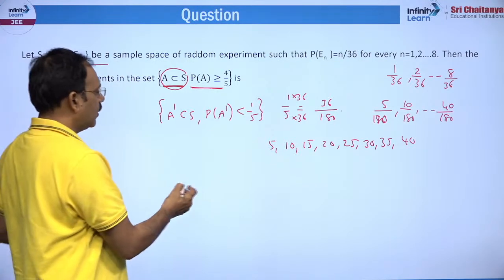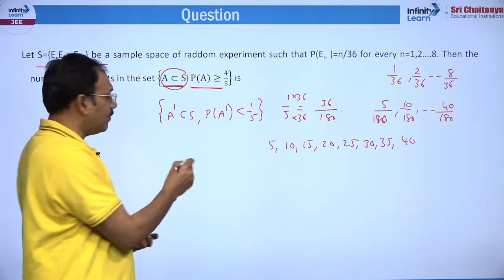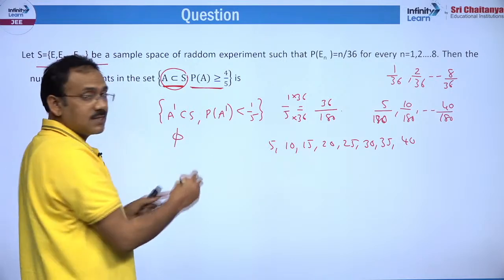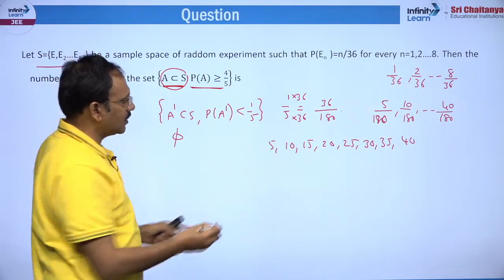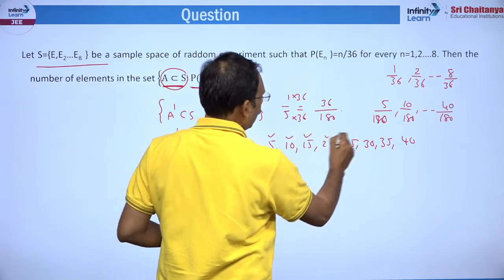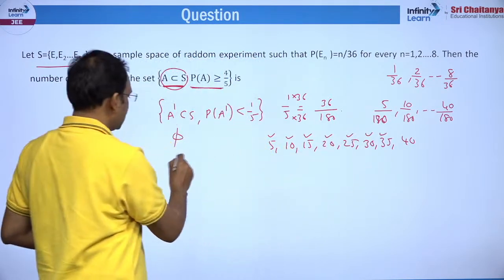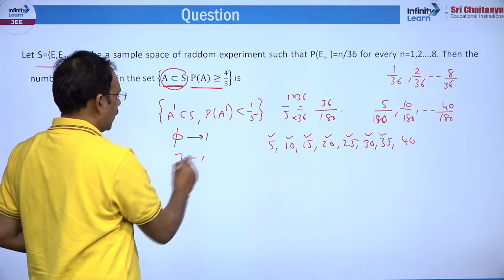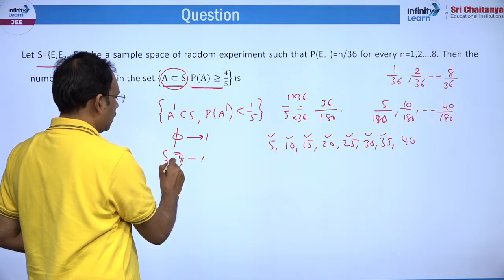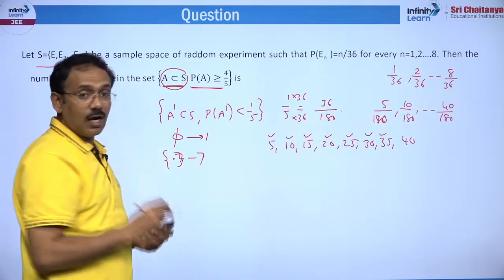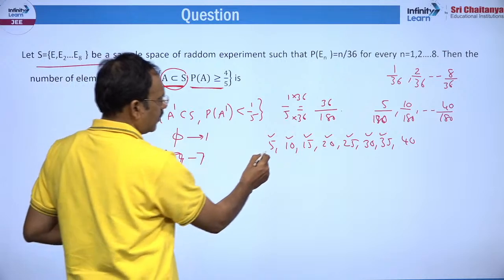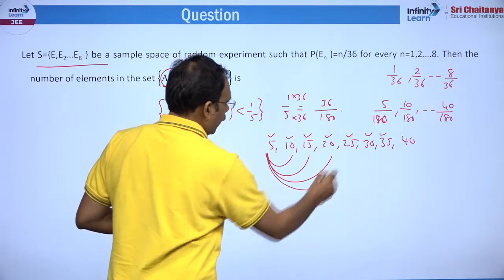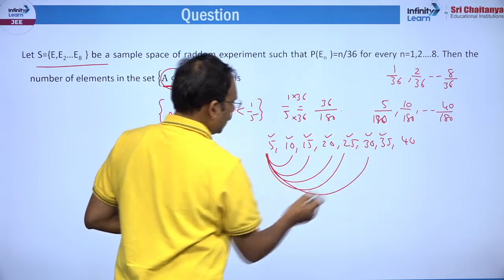Okay. So, fundamentally the empty set is one combination. Singletons, 5, 10, up to 35, there will be 7 such. And 2-element combinations: those starting with 5 are 5, 10; 5, 15; 5, 20; 5, 25; 5, 30, how many?